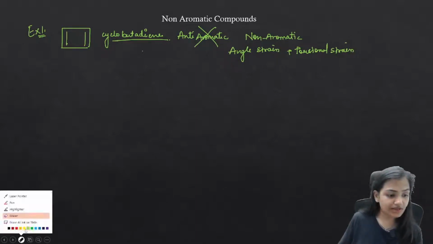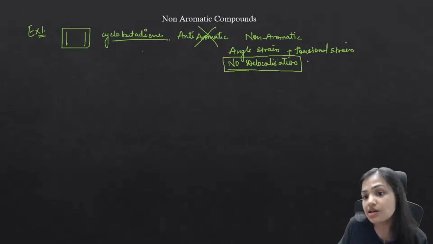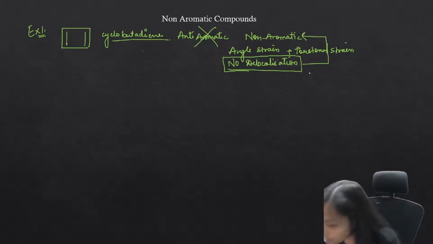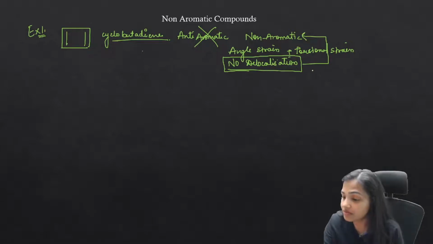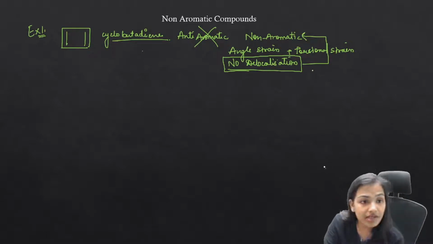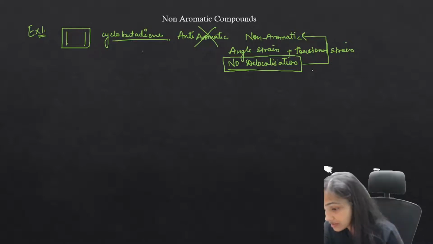So because of the angle strain and the torsional strain, there is no delocalization of pi electrons. And no delocalization means non-aromatic. Is this clear? But when we put N or something similar, then it will become aromatic. So this is the only exception that I am telling you, for cyclobutadiene.